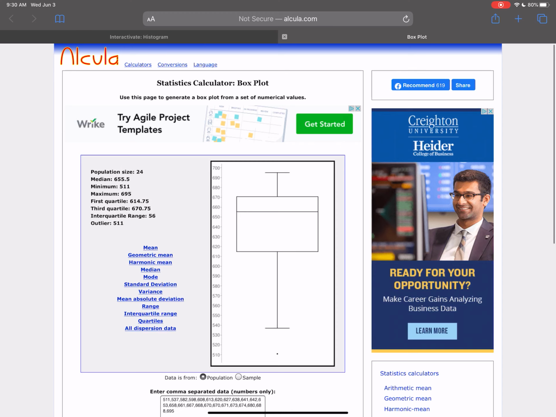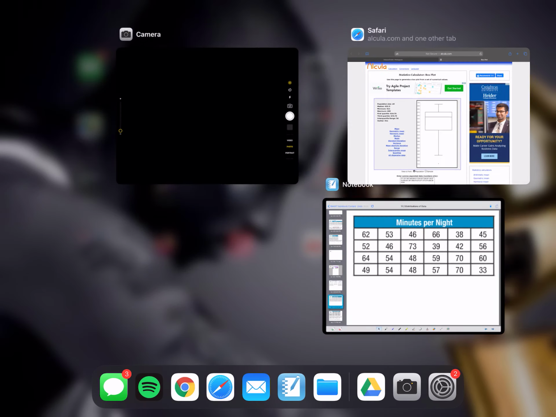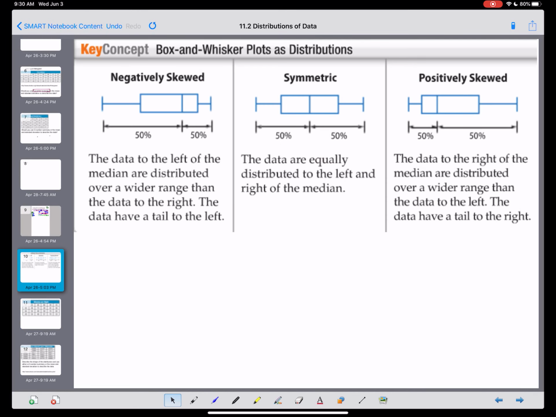From about 660 down, the numbers are getting smaller, and more numbers are spread out there, because it's skewed negatively. That's what this slide is saying. If you're more spread out at the tail end on the left, where the numbers are smaller, you're negatively skewed. If you're on the right, it's positively skewed. Okay.